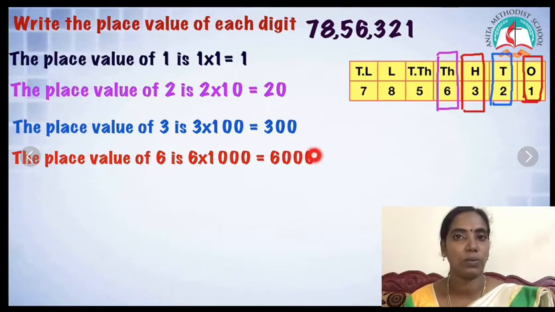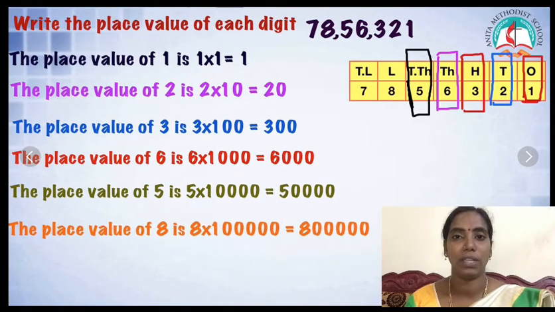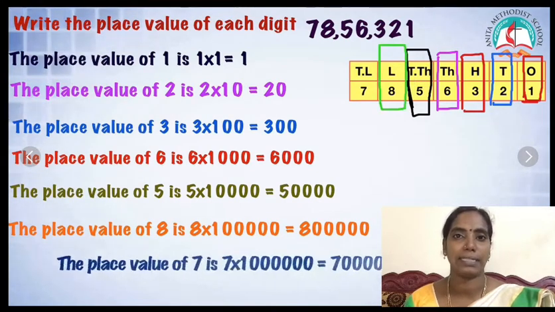What is the next one? In lakh place 8 times lakhs makes 8 lakh. Now what is in the 10 lakh place value? 7. So 7 times 10 lakhs makes 70 lakhs. Okay.